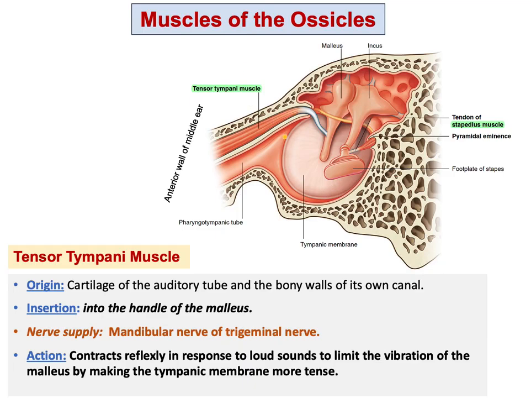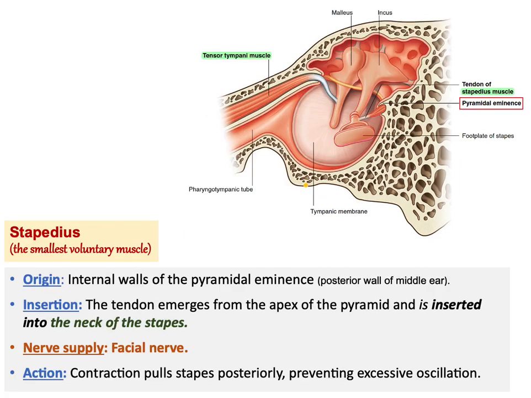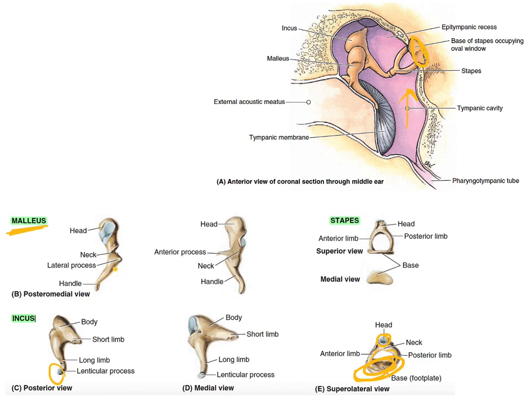So why am I talking about different structures in the ossicles? We don't care too much about all of these structures, but there are a couple of important ones. Now, let us define the muscles and where they attach to which structures. I would like to remind you of the most important things here.